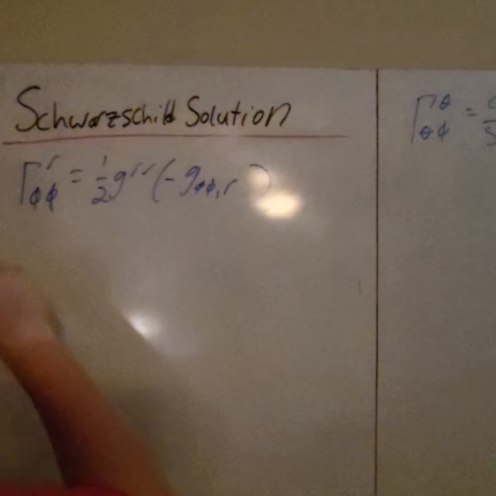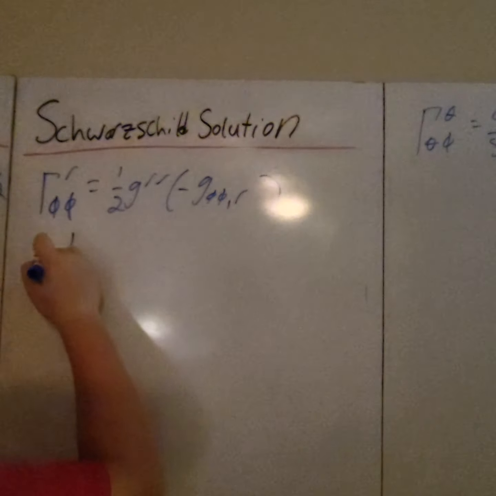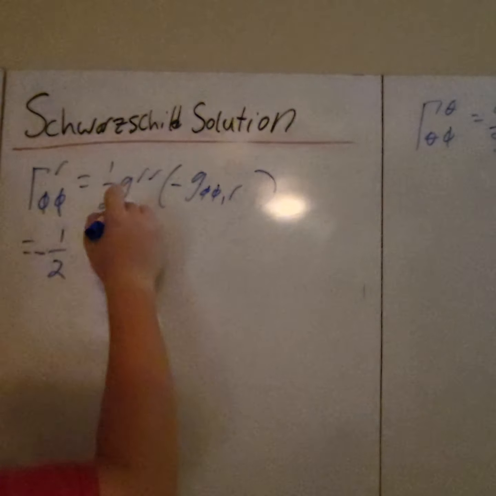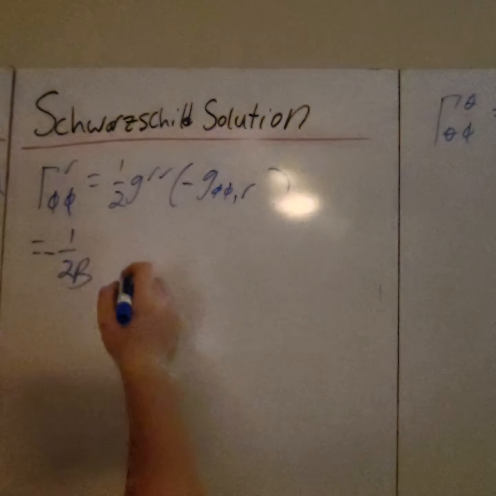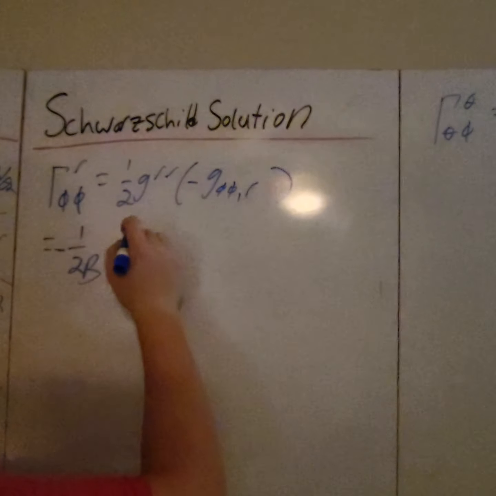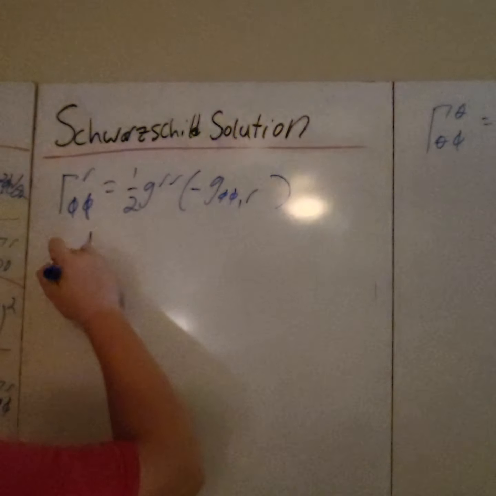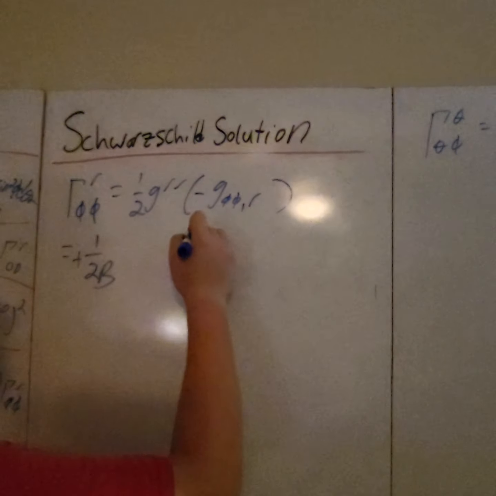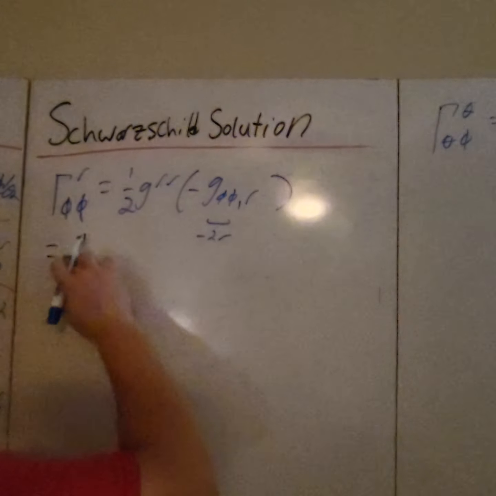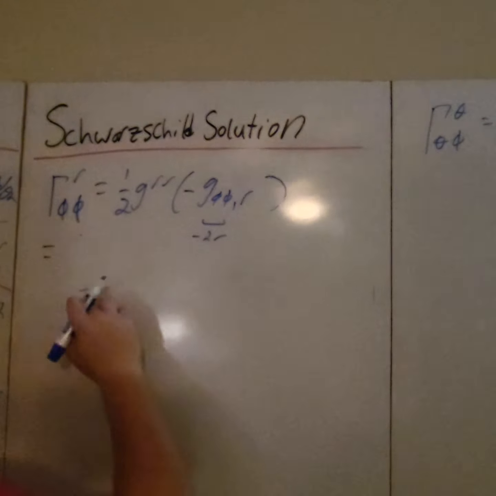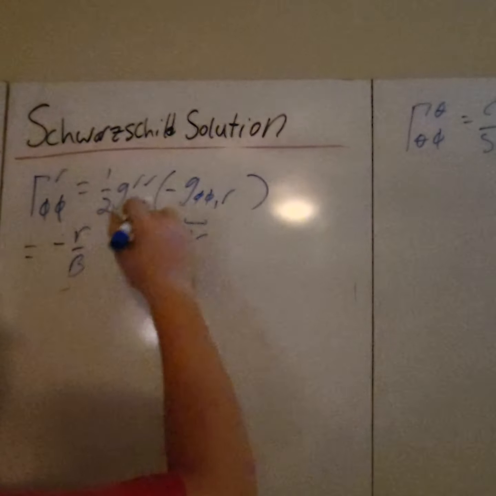That's just 1/2 negative B, because GRR is negative B, so we're going to take negative 1/2 B. So that'll cancel there. And then negative r squared derivative negative 2r equals negative r over b.